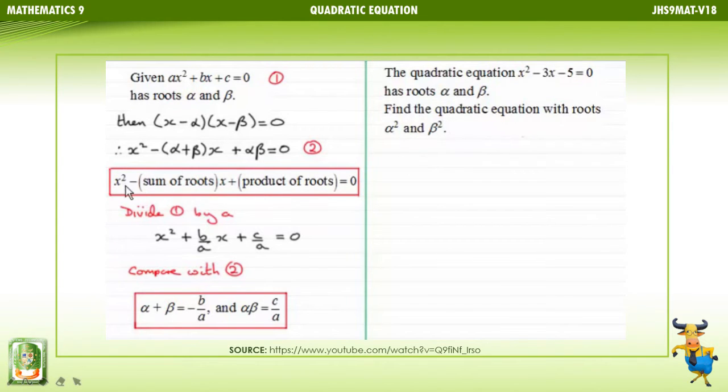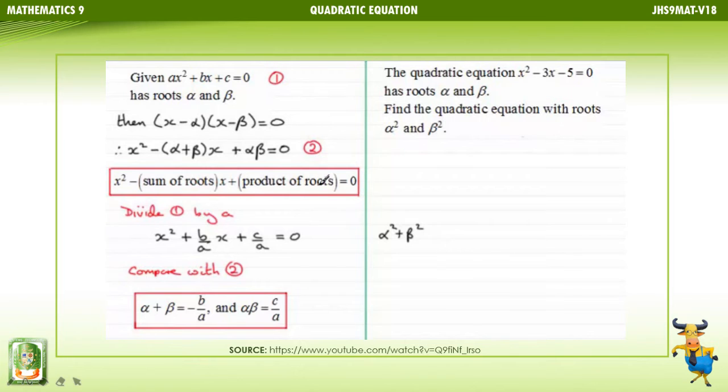So going by this result here, if our roots are alpha squared and beta squared, then the quadratic equation that we're going to be looking for is x squared minus alpha squared plus beta squared times x plus alpha squared beta squared equals 0. So we're going to need to work out first of all the sum of the roots, alpha squared plus beta squared. So let's just put that down there. We're going to need to know that result.